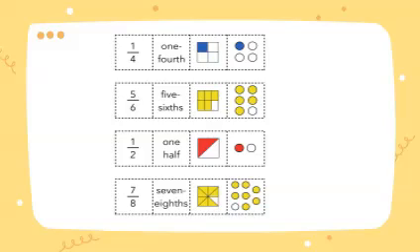Let us try to express the following. When I say 1 over 4, we can say that it's one fourth, and we can represent it in many diagrams. For example, you can split a rectangle into 4 parts and color one. Or you can say that out of 4 marbles, we have 1 blue and the others are white. So 1 blue marble out of 4. 5 over 6, we say this is five sixths.